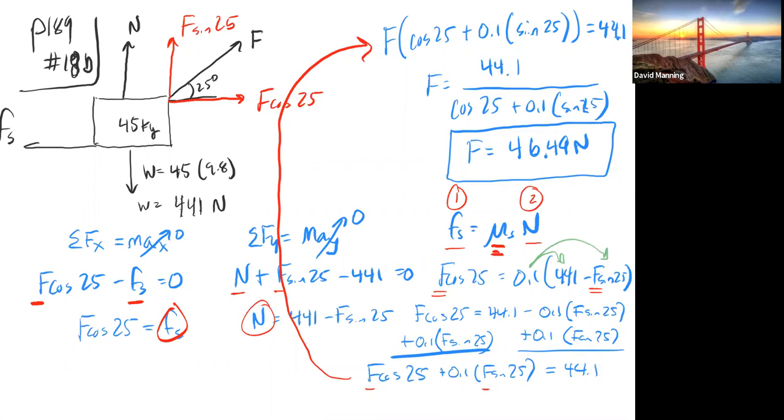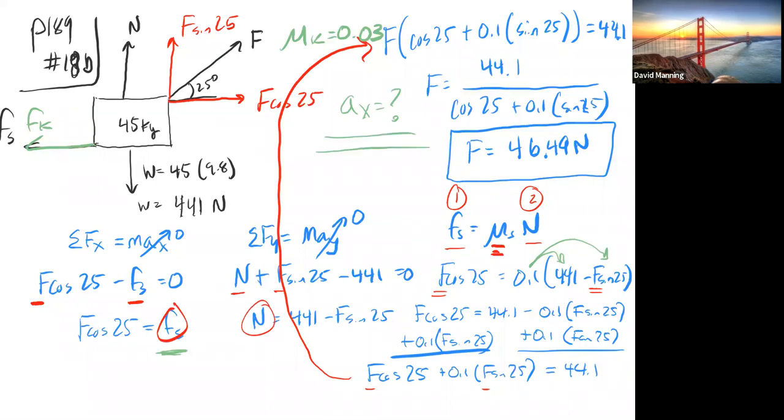Now in part B, remember mu k is 0.03, so this becomes Fk. That's the only thing that changes. Right, so down here, this is Fk, and they want to find the acceleration.